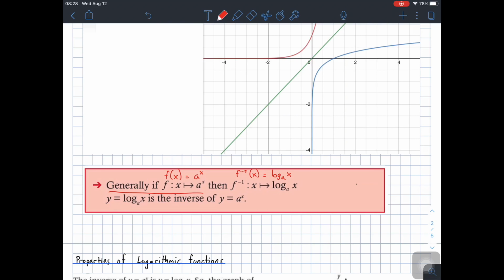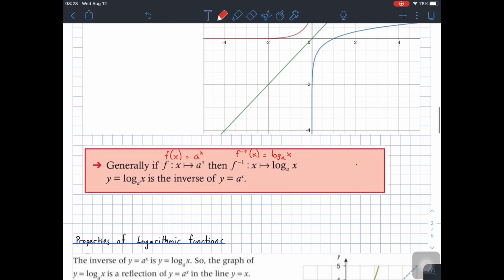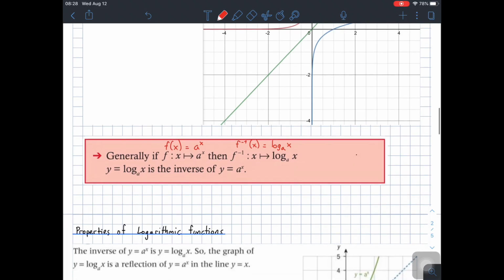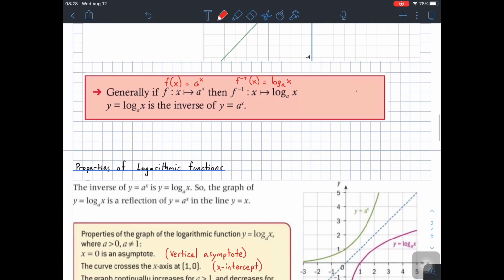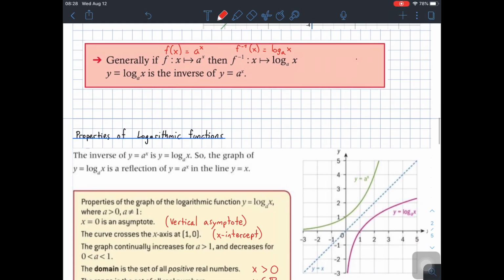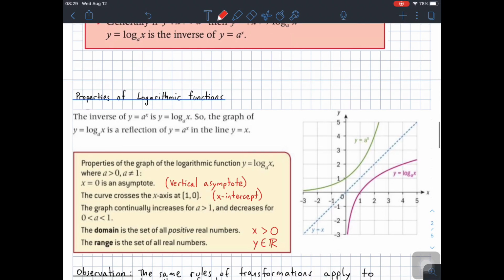Y equals log base a of x is the inverse of y equals a to the power of x. So through this investigation, we proved that this is true, right? Log functions are the inverse of exponential functions.